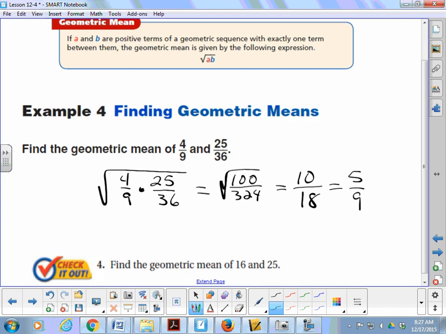And actually, if you remember when we worked with radicals before, I actually could do square root of 4/9 times the square root of 25 over 36. I could do that also, and it would still give me the same result. 2/3 times 5/6.